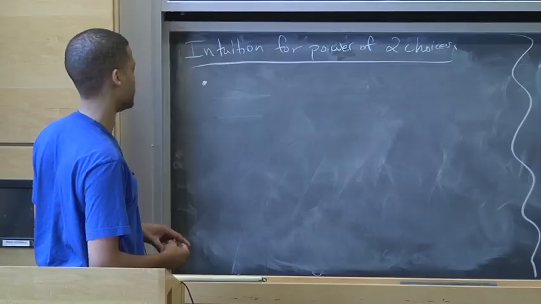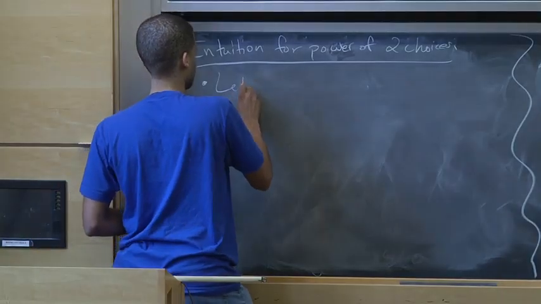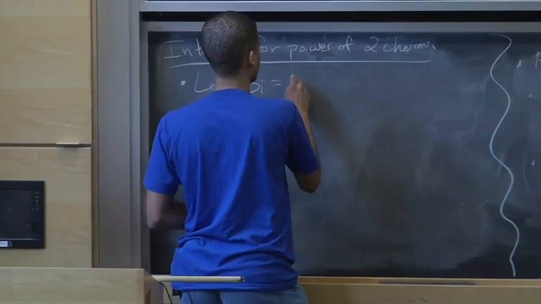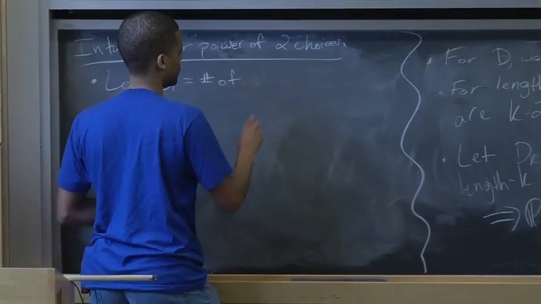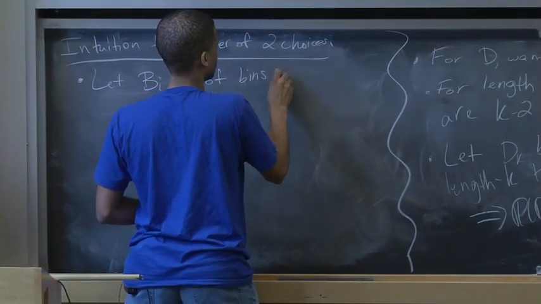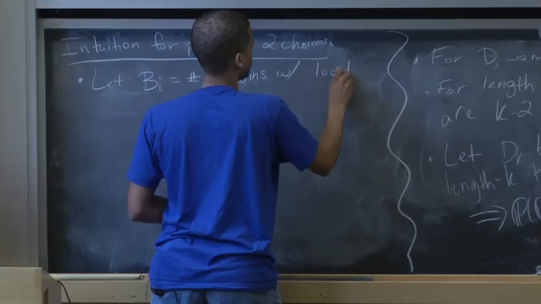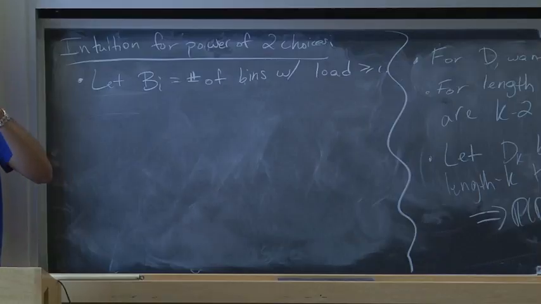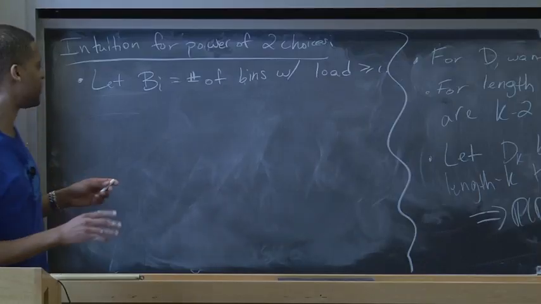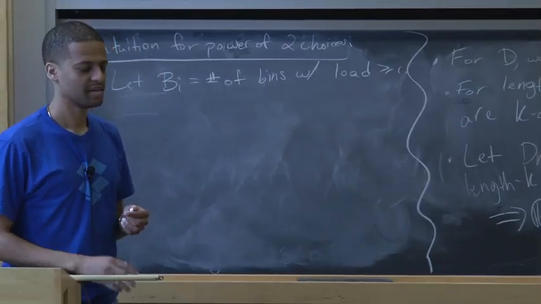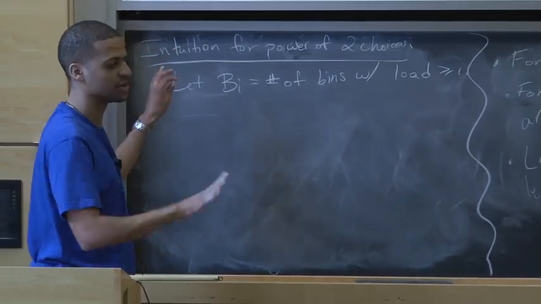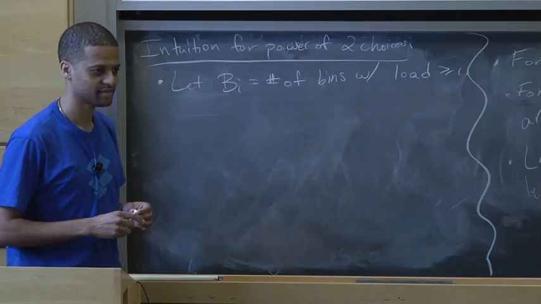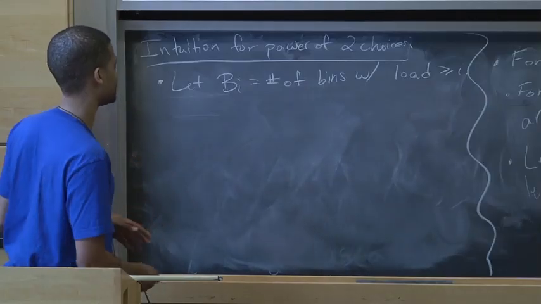Okay, so why should this thing happen? Let B of i equal the number of bins with load at least i. Of course this is a random number, but let's say that I know for certain that there won't be more than B_i bins with load at least i. I'm in the non-rigorous mode here.